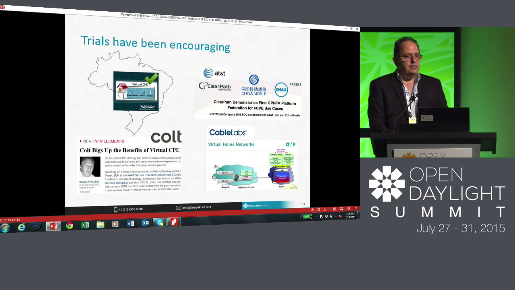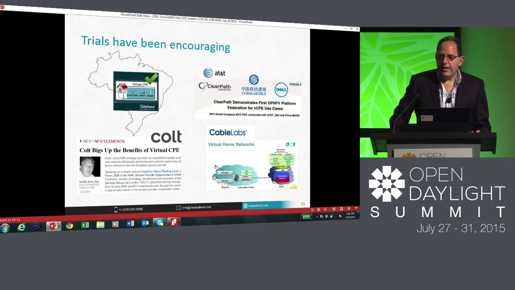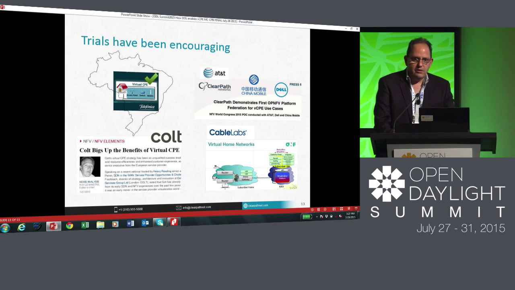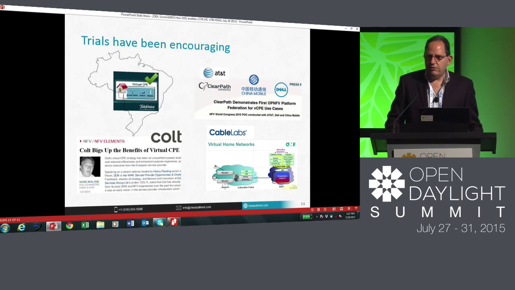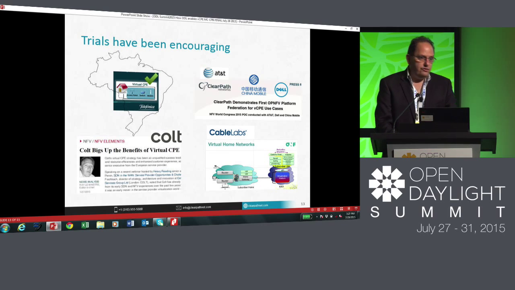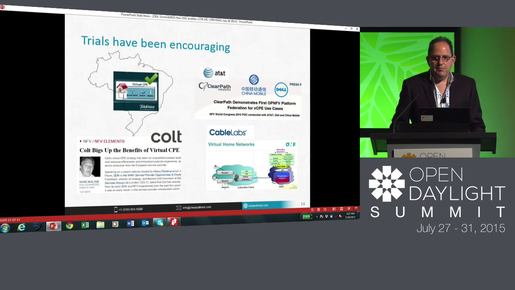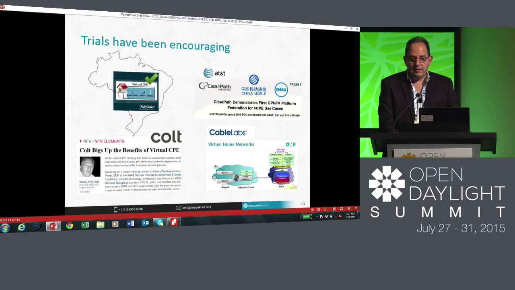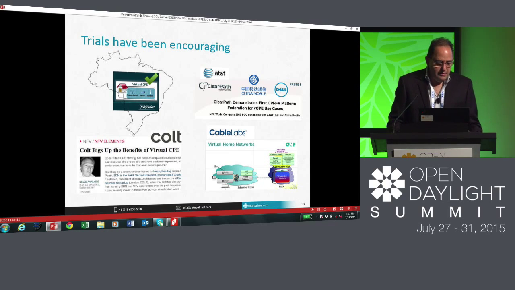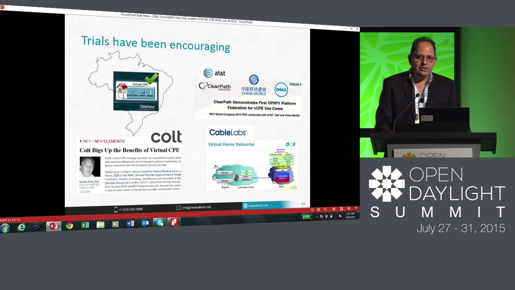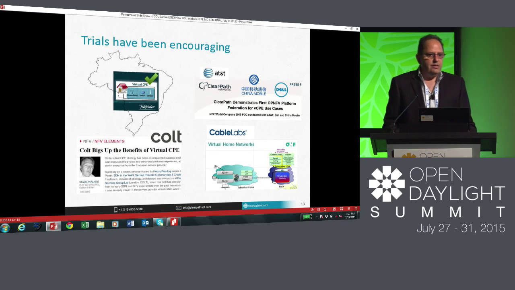Virtualized network function is no longer a theory, it's in practice. Some of the world's largest operators have been able to demonstrate that and trial virtualized CPE, and there is a lot of interest. For instance, at Telefonica, that project has got a lot of attention. The trials they were running in Brazil.